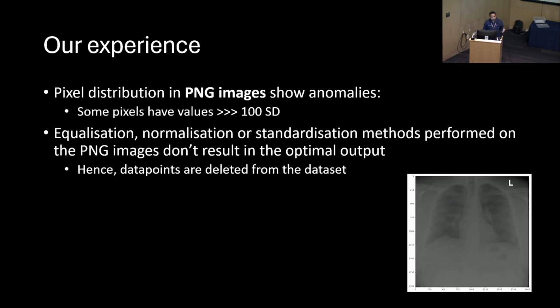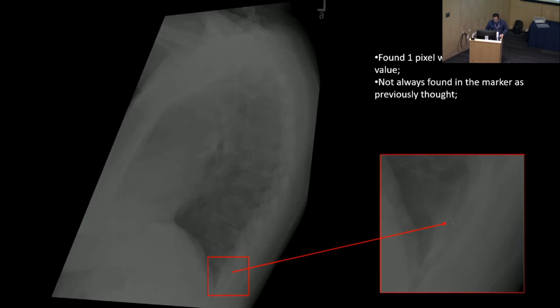So we thought, oh, maybe these standard deviations were because of these markers, which are put on or printed directly on the images. But when we looked through different images with high standard deviations, we found an image which actually had relatively equal exposure for the marker and the actual anatomical regions.